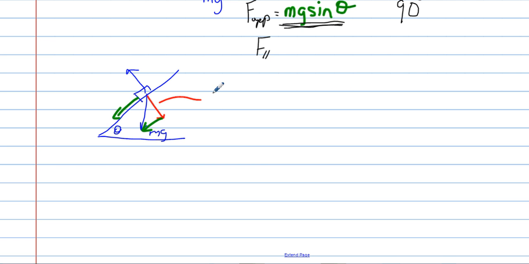And if I write expressions for these two components, the perpendicular component, the normal force component, is going to be equal to mg cos theta, and the parallel component, or the component that goes along the slope, the applied force as it's often called. I'll just call it the applied force here because ultimately it is the force that is applied to the object.